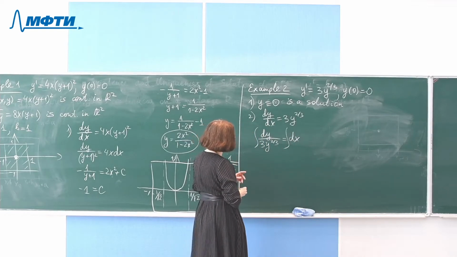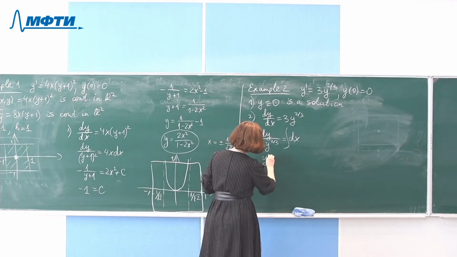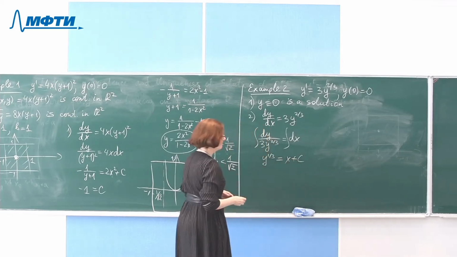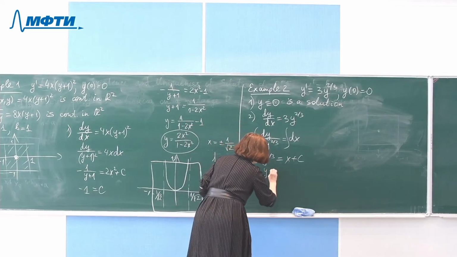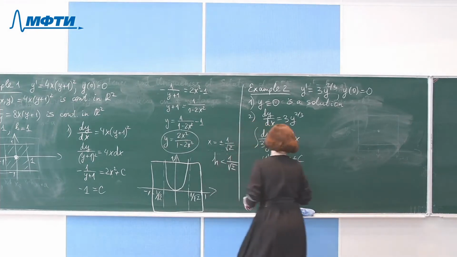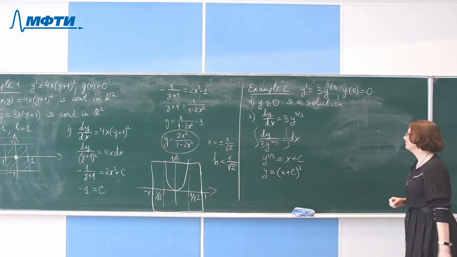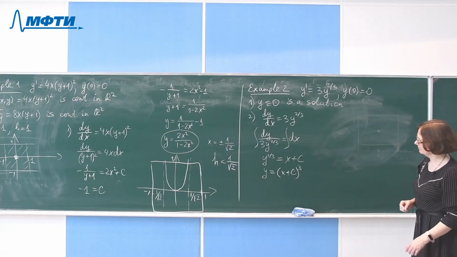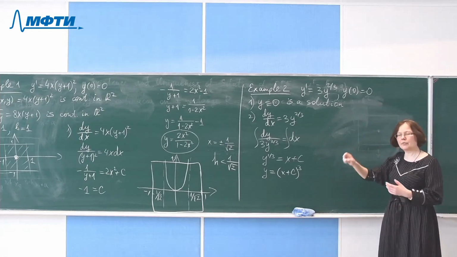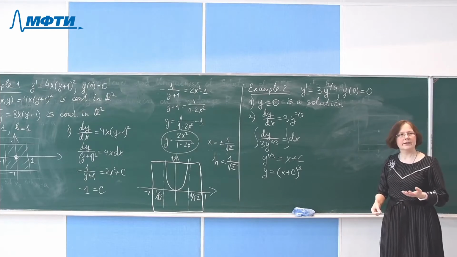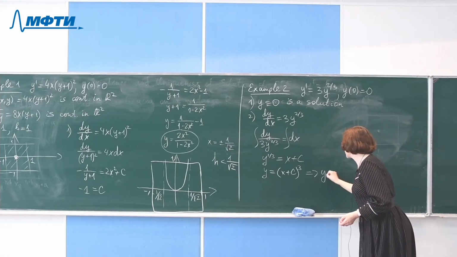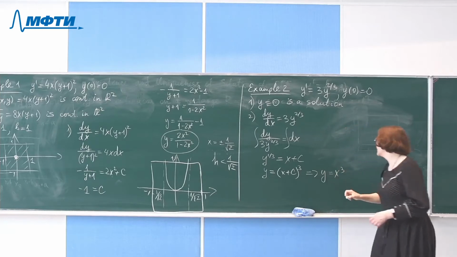This integral gives y to the power 1/3 equals x plus c, and so y equals (x plus c) cubed. Given this initial condition, we can find c, and c is equal to 0. So we have found another solution, y equals x cubed.